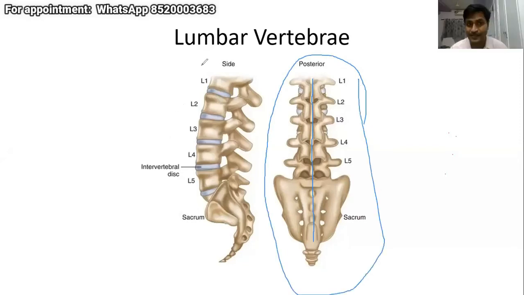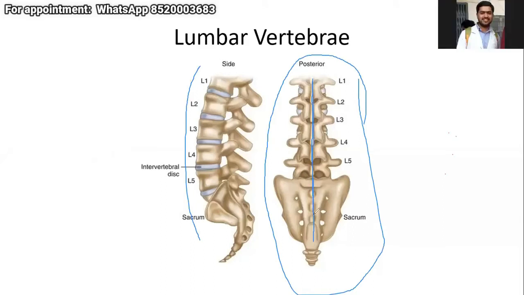So this line which you have drawn is the midline. If I palpate there, the bony prominences I feel are what? The spinous processes. Okay. Now, one finger breadth lateral to the midline.